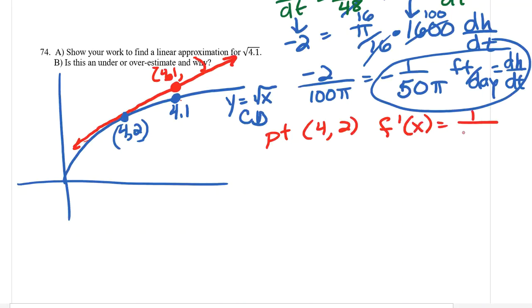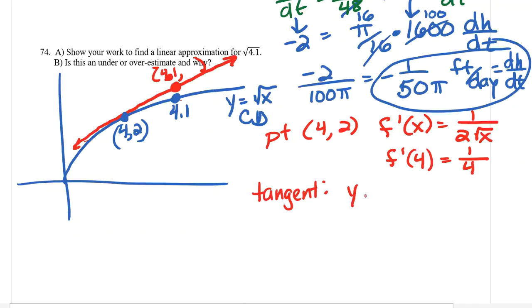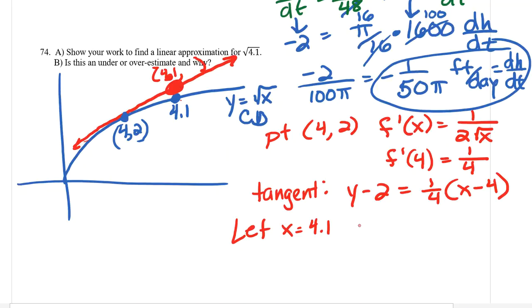The derivative of the square root of x is 1 over 2 square root of x, and we put 4 in. So we'll come up with 1/4. So our tangent line is y minus 2 is equal to 1/4 of x minus 4. And then we're simply going to let x equal 4.1. So again, we're finding this red point in our diagram.